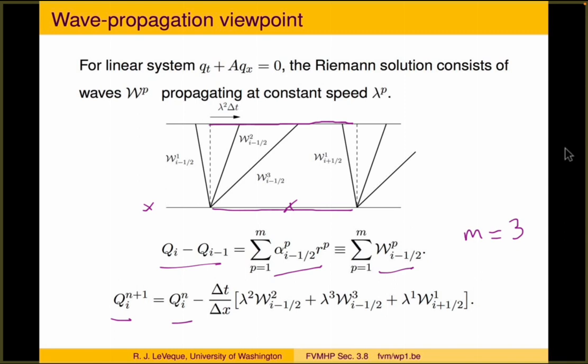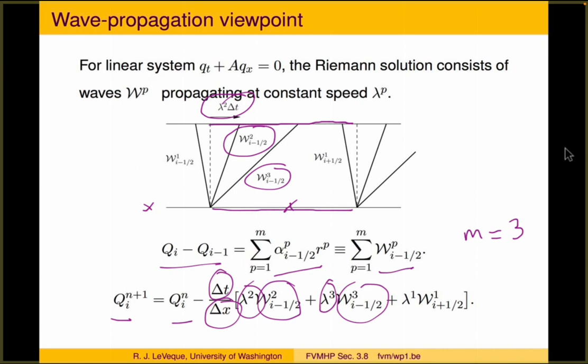And so, for example, this wave W2 at i minus a half is moving to the right. If the second eigenvalue is positive, it's going to distance lambda 2 times delta t. And so its contribution to the cell average is lambda 2 times delta t times the jump across that wave, and then divided by delta x in order to influence the cell average. Similarly, for this W3 wave, that gives you lambda 3 times delta t times W3 divided by delta x as its contribution.